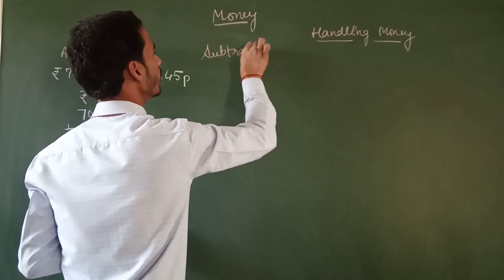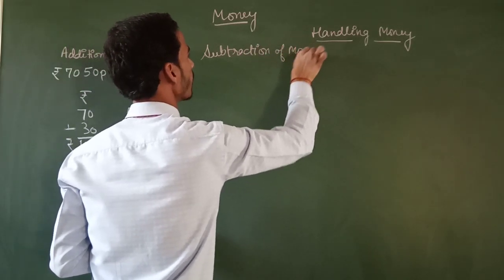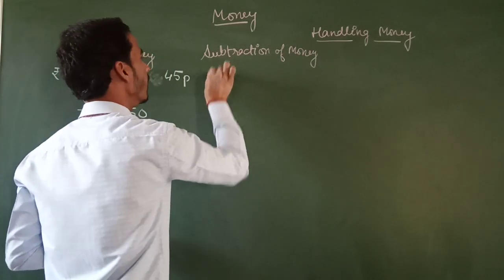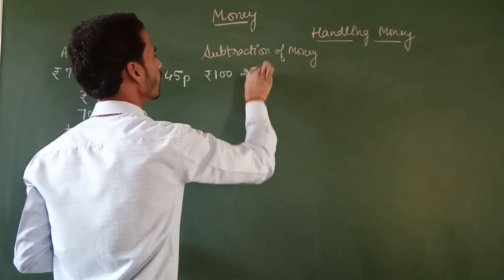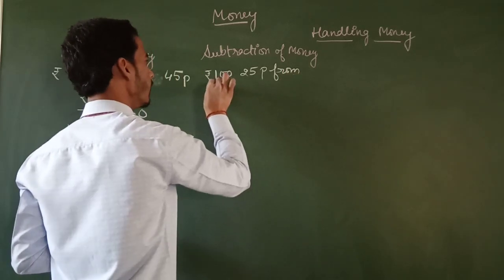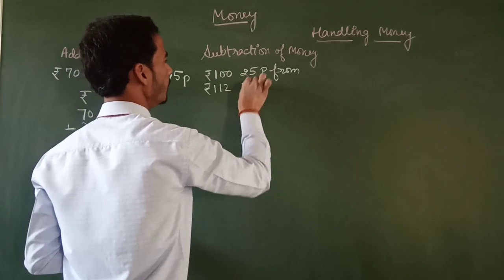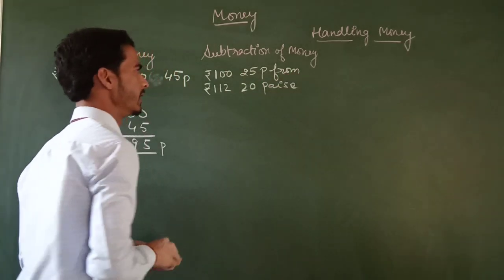And now the next is subtraction of money. We have to subtract 100 rupees 25 paise from 122 rupees 20 paise. Let's see how we can subtract it. Listen here.